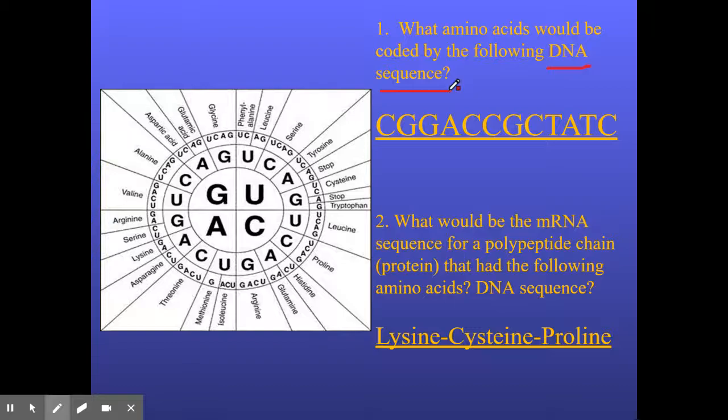So C goes back to G, G goes to C, A goes to U, C goes to G, G, C, G. What is this going to be? It's A, U, A, and then G, right? So you're going to wind up with an mRNA sequence of this.